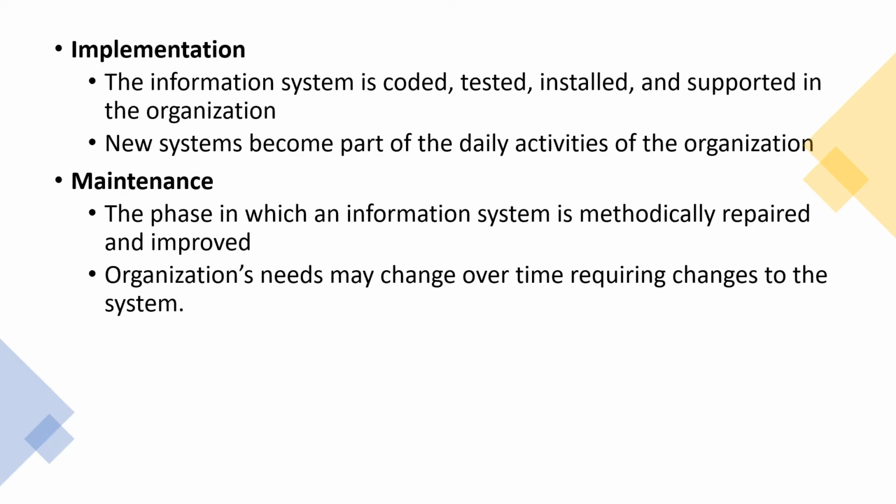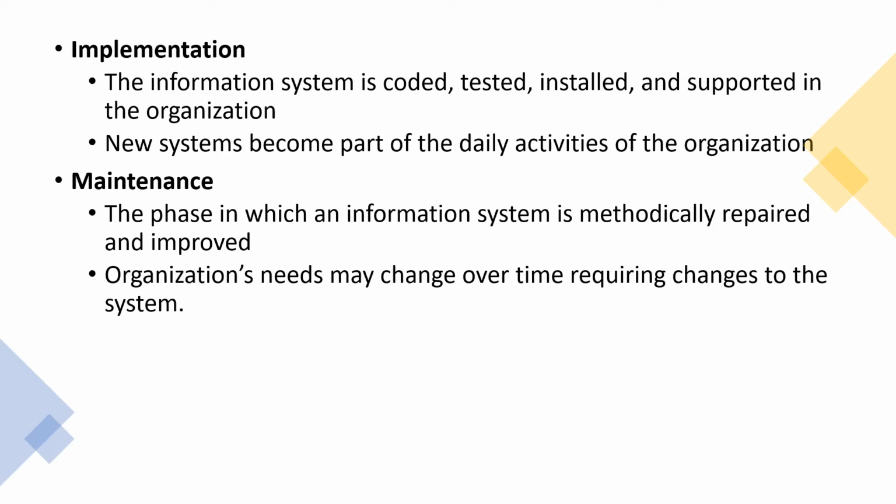Implementation is where the information system is coded, tested, installed, and supported in the organization. The new system becomes part of the daily activities of the organization. This is where the programmer's work is done: writing the software, taking the requirements and designs and converting them into code using the right programming language, and testing to locate and remove errors.